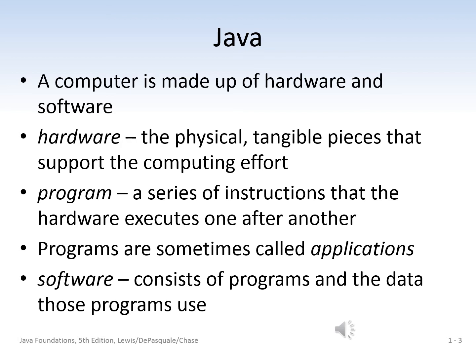A program, which is what we'll focus on in this class and follow-up classes, is a series of instructions that are executed by the hardware. And programs are often called applications or apps. Software consists of programs and the data that these programs use.